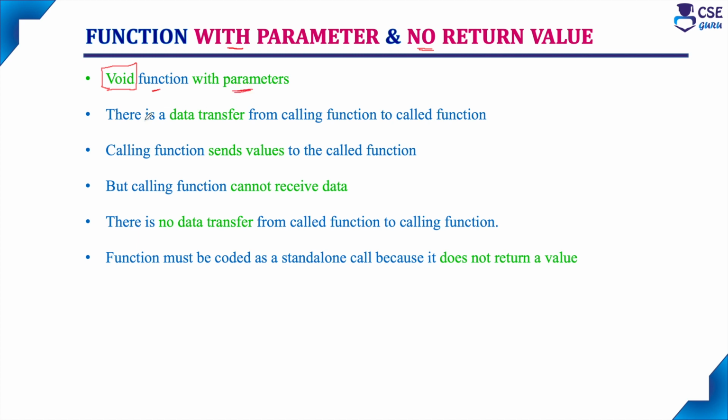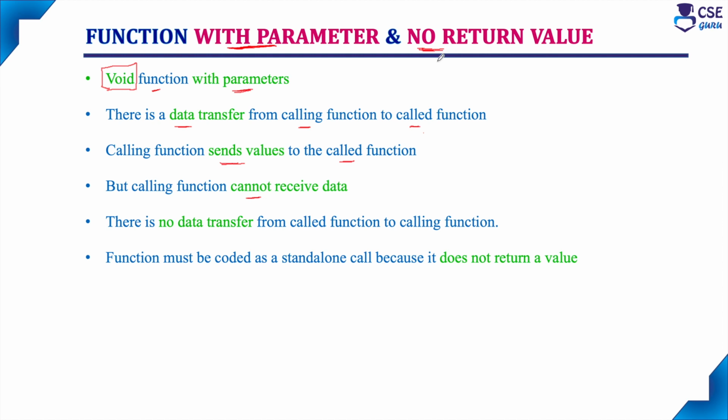So there is a data transfer from the calling function to the called function. The calling function sends some values, and the called function is going to receive data from the calling function. But the calling function cannot receive data, since the called function is not going to return any value.